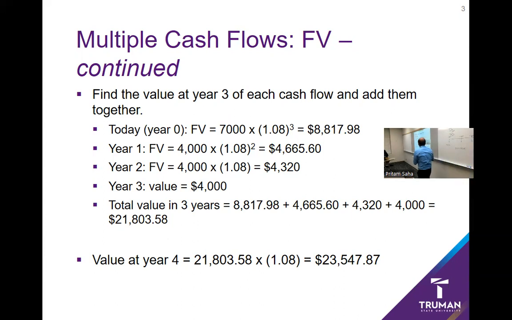So what if you want to find the value at the end of year 4? This will go for 4 years, 3 years, 2 years, 1 year. That's the fundamentals.